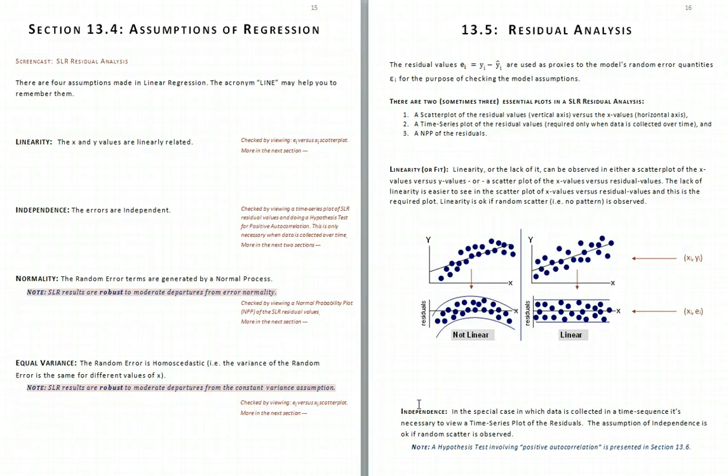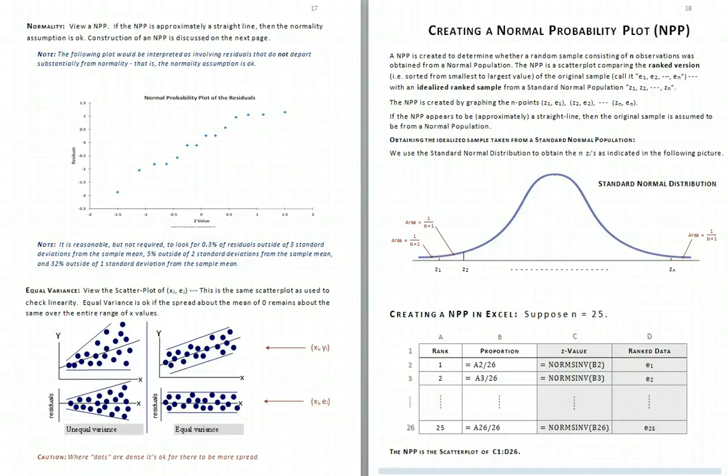A scatter plot of the regression residuals versus the time order, showing only random scatter, provides evidence that the independence assumption is satisfied. To check the normality model assumption requires viewing a normal probability plot of the regression residuals.